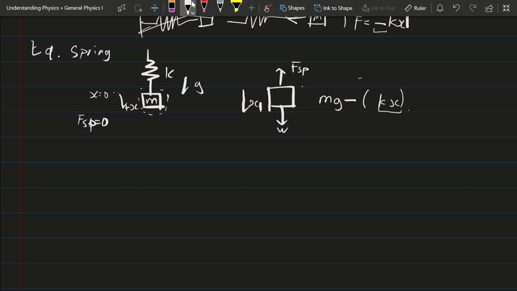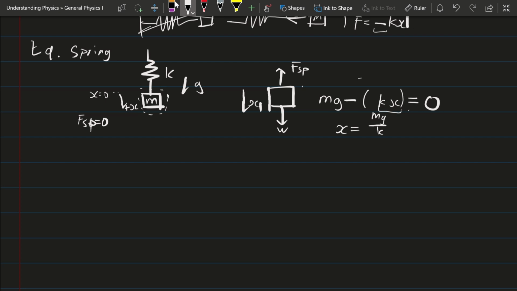Should be positive in total, which is the case. And so in this case, I hope this to be zero, in which it is at its equilibrium point, in which its acceleration is zero. You would later figure out that the x will be, whoops, it is mg over k.